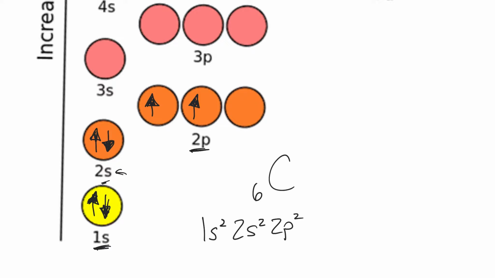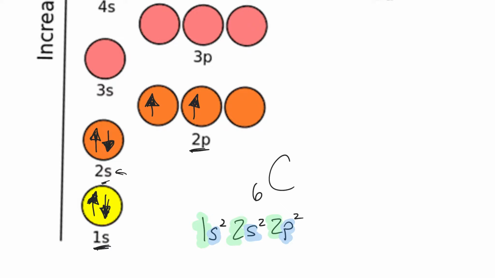Just to make this clear, what's going on is that these numbers here represent your shells. These letters represent the subshells that the electrons occupy, and you're only going to write the ones that are occupied by electrons.